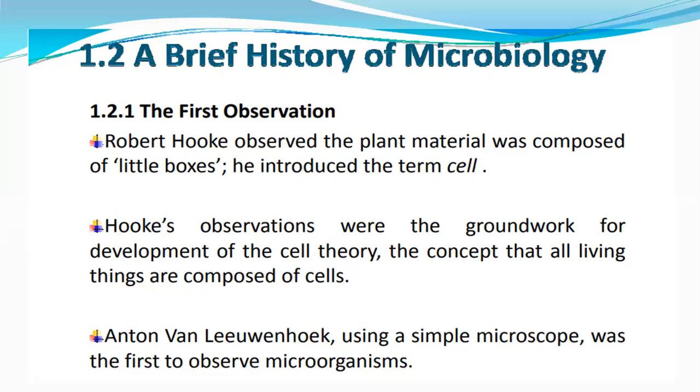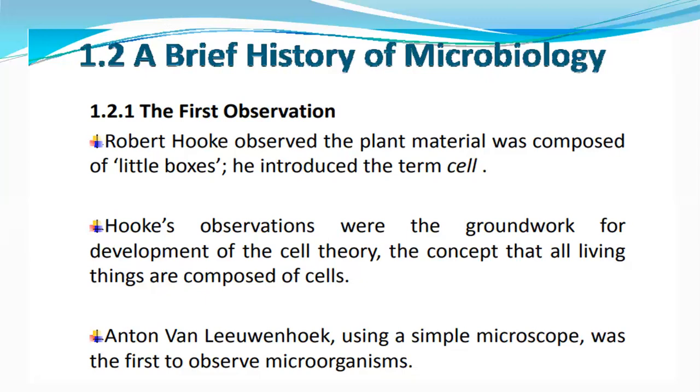Three scientists were involved: Zacharias Janssen, then Robert Hooke, and next Antony von Leeuwenhoek. Antony von Leeuwenhoek, using a simple microscope, was the first to observe microorganisms. The world of microbes was discovered with the help of a simple microscope by Leeuwenhoek, a Dutch scientist.